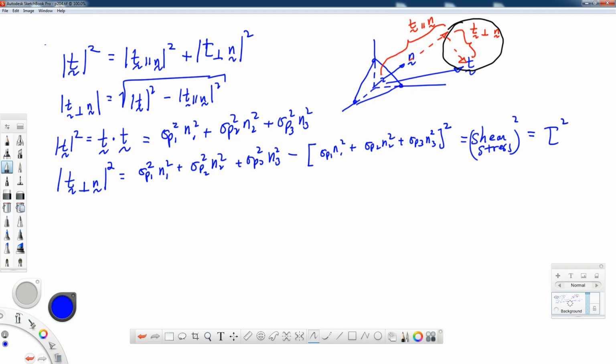Now what we want to do is select particular values of n1, n2, and n3 that correspond to extreme values, maxima or minima, of our shearing stress, tau or tau squared. And again, we are still subject to the constraint n1 squared plus n2 squared plus n3 squared is equal to 1. Let me write a little bit of that down.